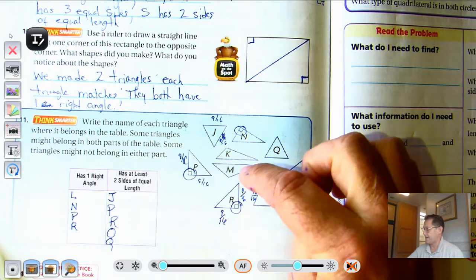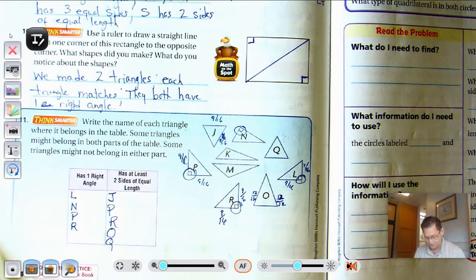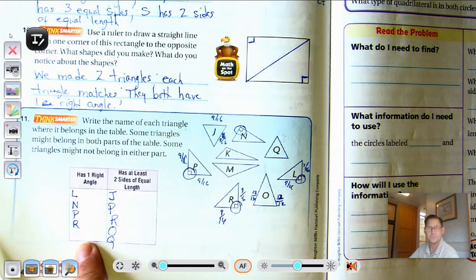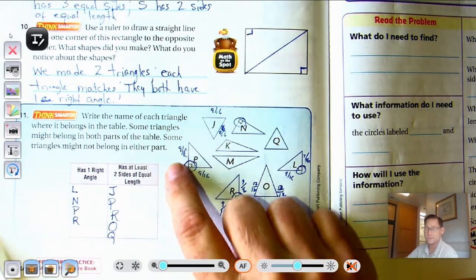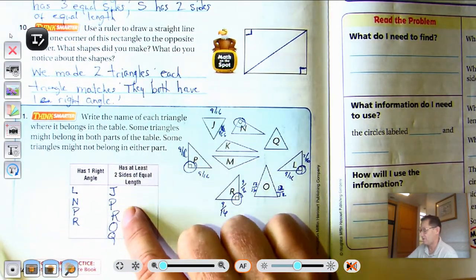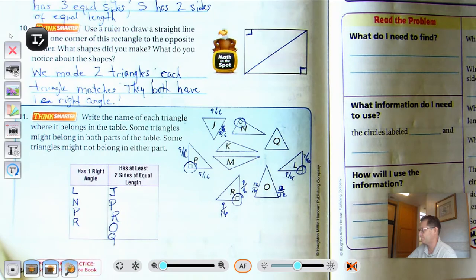I don't believe K and M would be of the same measurement. They just don't look like they have equal sides. Okay. And Q had what appears to be equilateral. So the one right angles, L and P and R, and two sides of equal length, J, P, R, O, and Q.